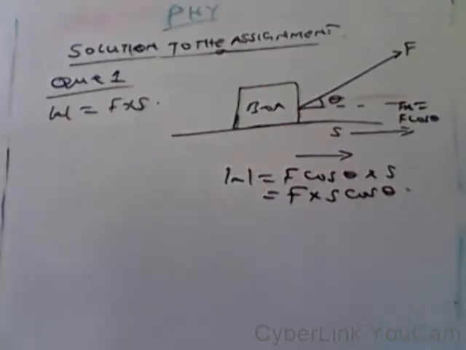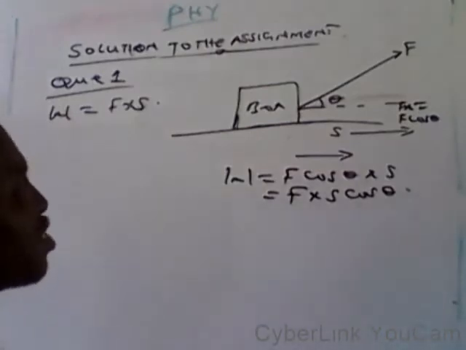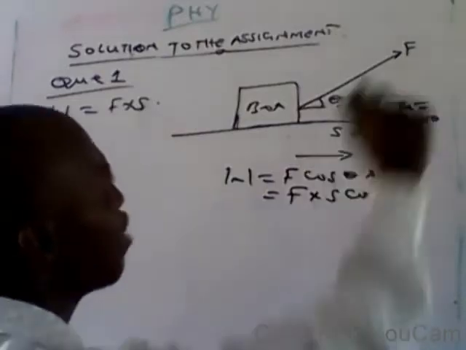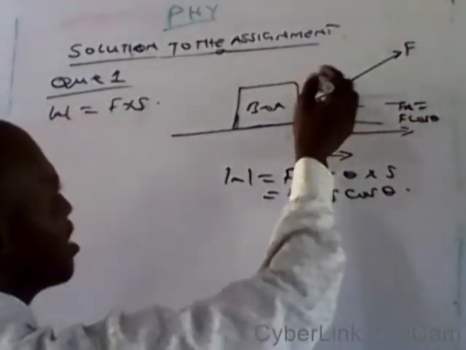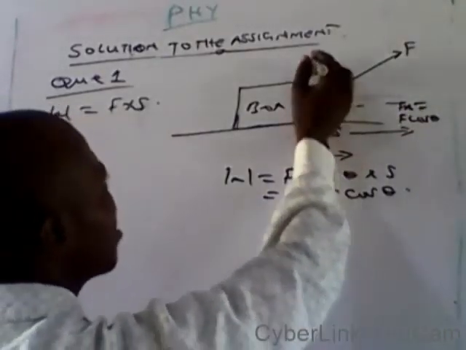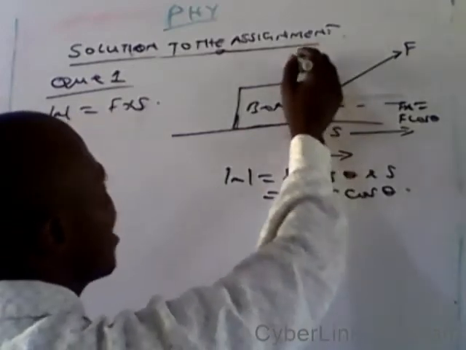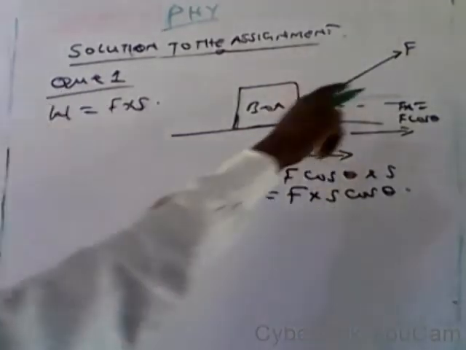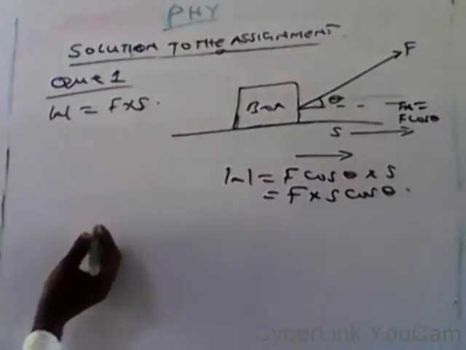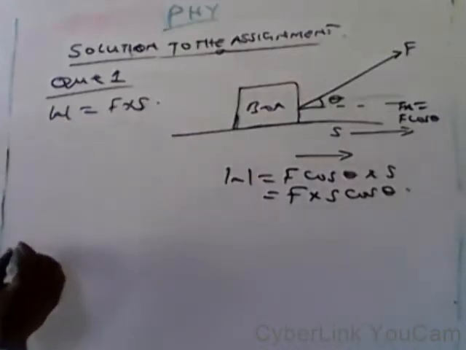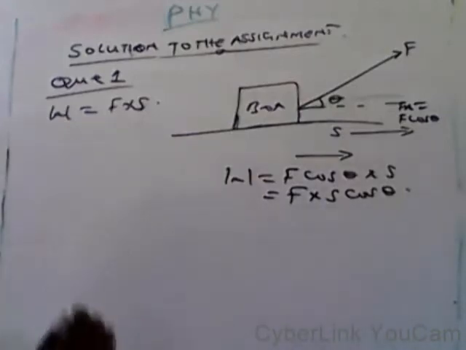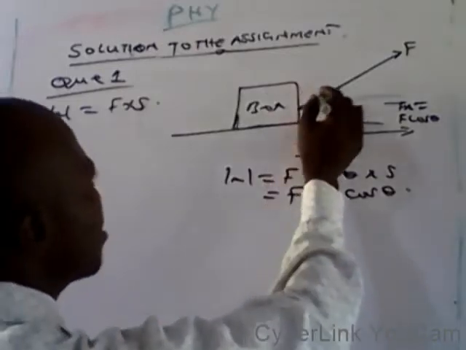What if the applied force is acting in such a manner that the angle of inclination of the force is vertical? That is, the force is acting on a vertical component, acting vertically. Okay, let me look at this. Let's first look at this.